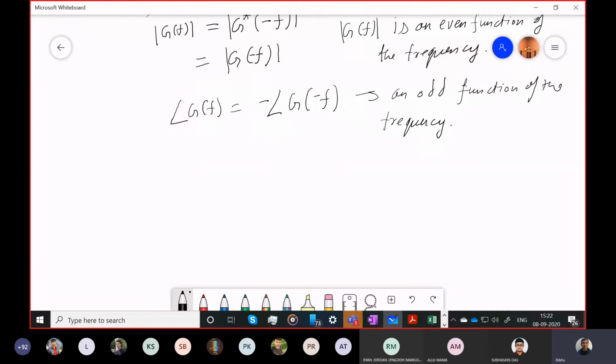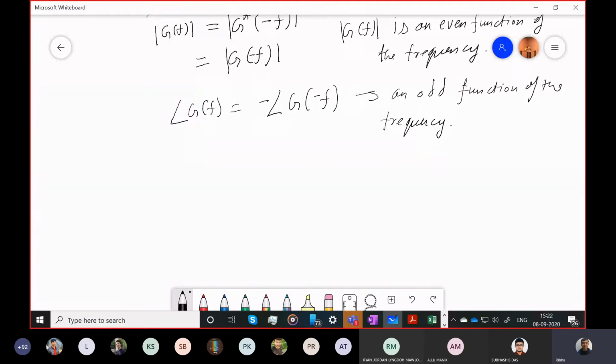Now I would like you to revise all the other properties of the Fourier transform, that is the linearity property, time shifting, frequency shifting, duality, time frequency scaling, differentiation, integration, multiplication, and convolution. For the rest of this course, I'll take it for granted that you know all of these.